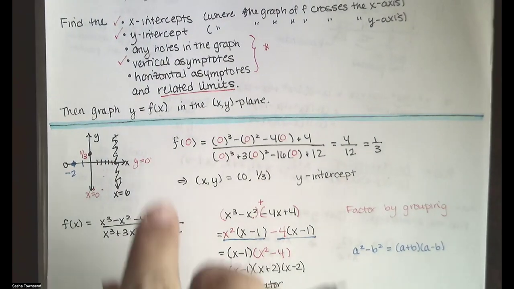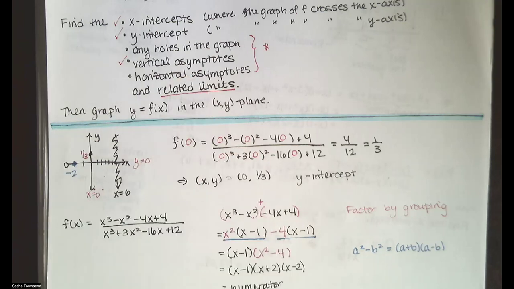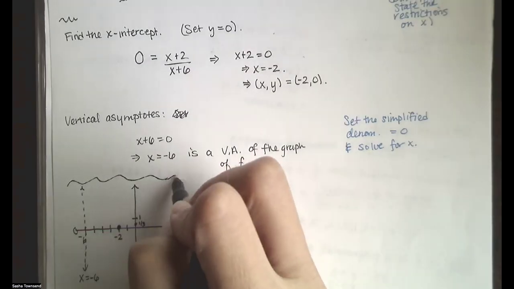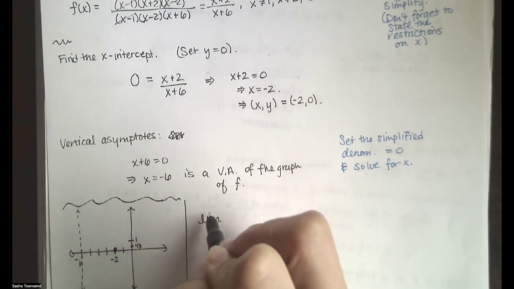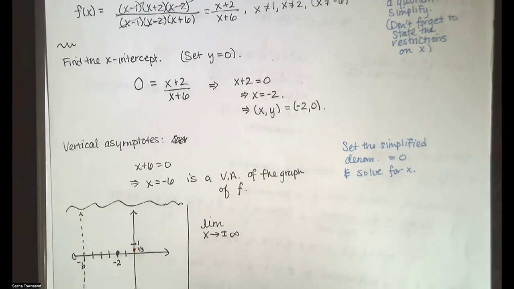And for horizontal asymptotes, we need to look at the limits of the function as x goes to positive and negative infinity. Because it's a rational function, the function is going to have the same end behavior on the left and the right.